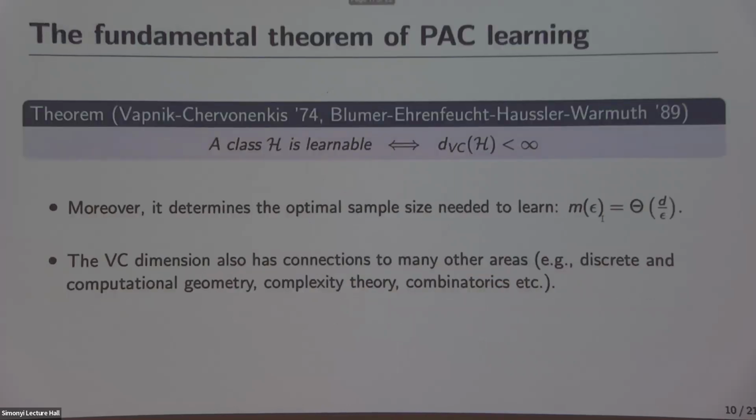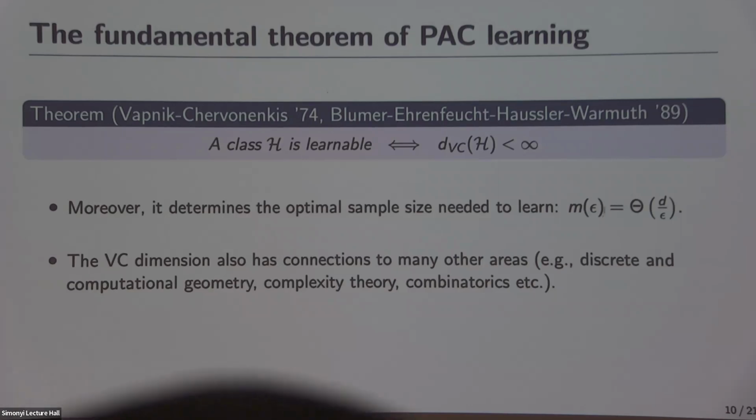Okay. So this gives us what is sometimes called the fundamental theorem of PAC learning, and it essentially says that a class is PAC learnable if and only if its VC dimension is finite. Not only does it characterize this notion of learnability, it also gives us the optimal sample complexity.